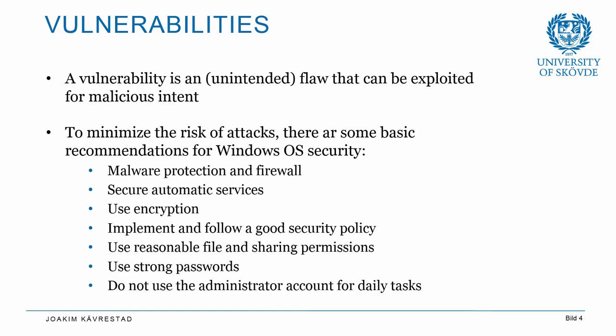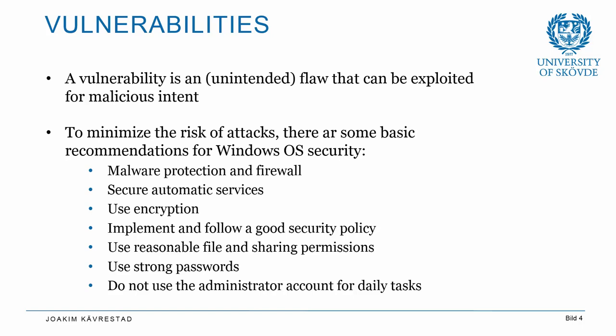So let's talk a little bit about vulnerabilities. And vulnerabilities is a key word for this course. A vulnerability is an unintended flaw that can be exploited for malicious intent. So, for instance, humans are vulnerable by nature. We only have a skin to protect us, so we're vulnerable to swords and bullets and stuff like that.